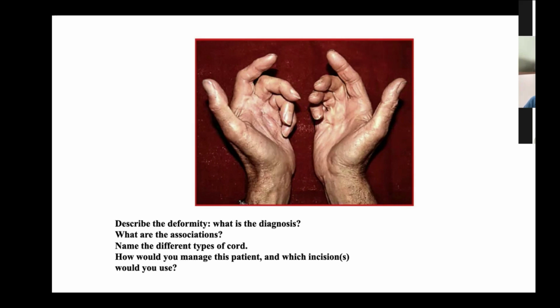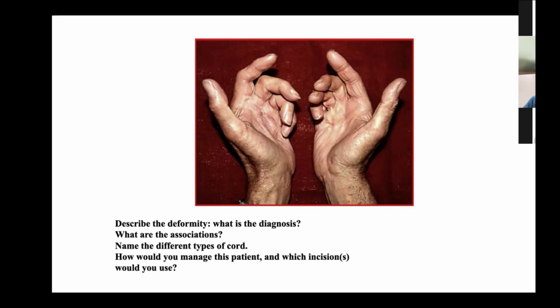Assuming this is the dominant hand, I will target it first, and my goal is to improve the extension in the fingers. Given the flexion tends to be more than 50 or 60 degrees in these fingers, I will offer this patient fasciectomy plus or minus a skin graft.